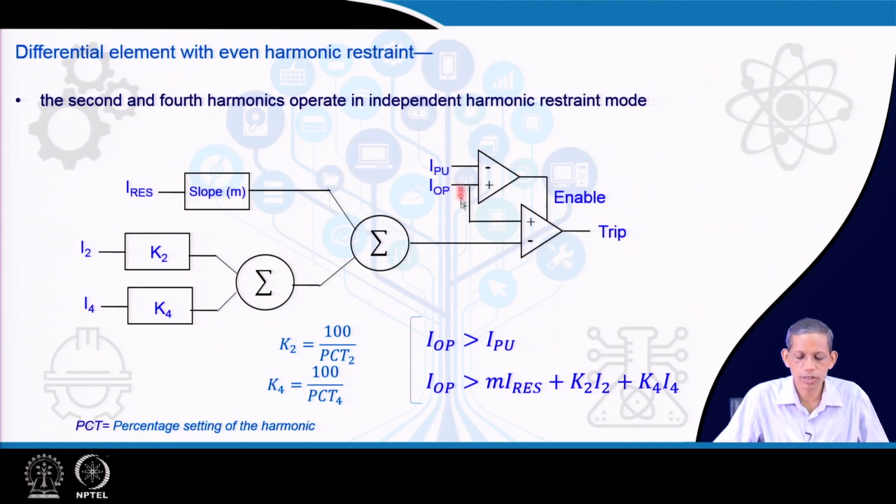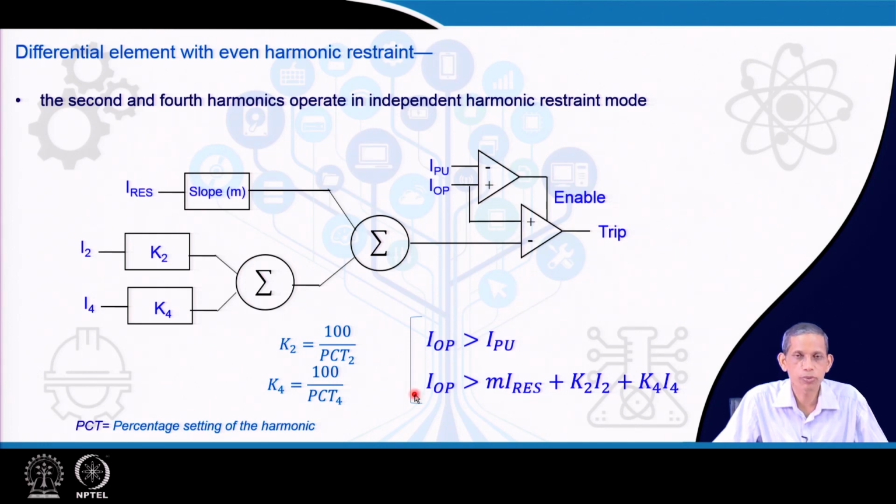So, this is the differential part which enables this comparator also, and in this comparator we add the corresponding restraining part like this: M I R A S plus K2 I2 plus K4 I4. Finally, we are enhancing the restraining part, so that the relay does not malfunction during the inrush situation where the differential current is still substantially high.